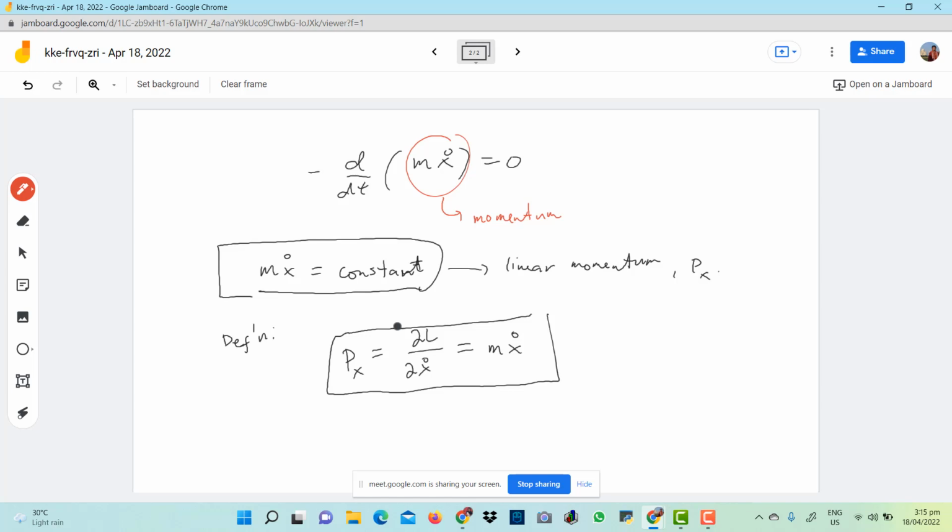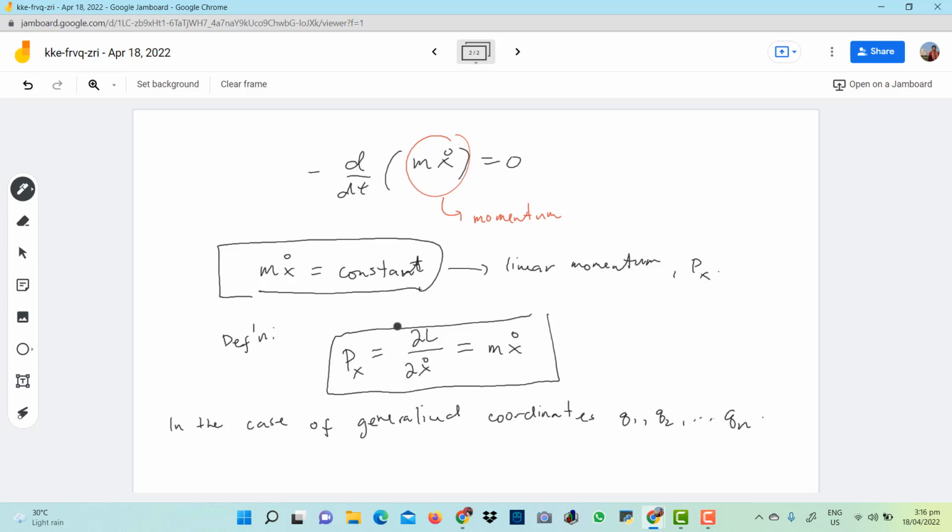Okay, so in the case of generalized coordinates q1, q2, up to qn, we can generalize the linear momentum as p k equals partial of L with respect to q dot of k, where k runs from 1 to n.